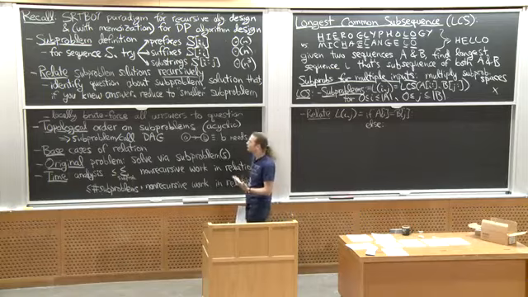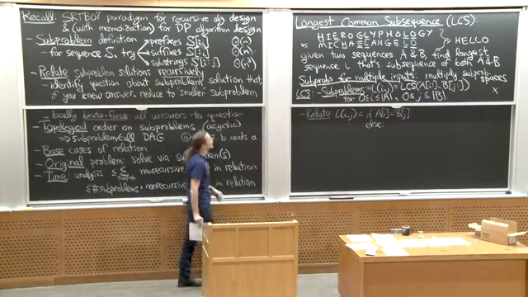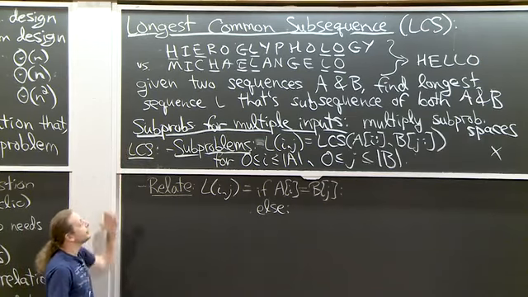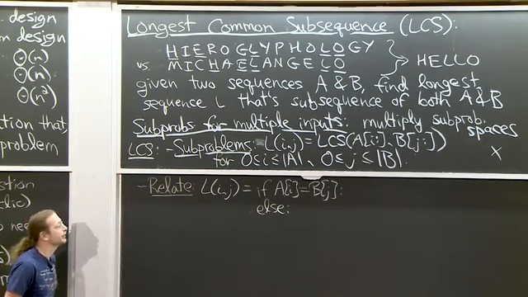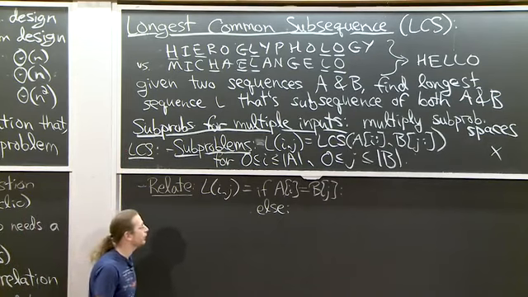But I don't know which one. So I want to identify some question. The question is, do I know that the H is not in the answer, or do I know that the M is not in the answer, the final longest common subsequence? We don't know which, so we'll just try both.